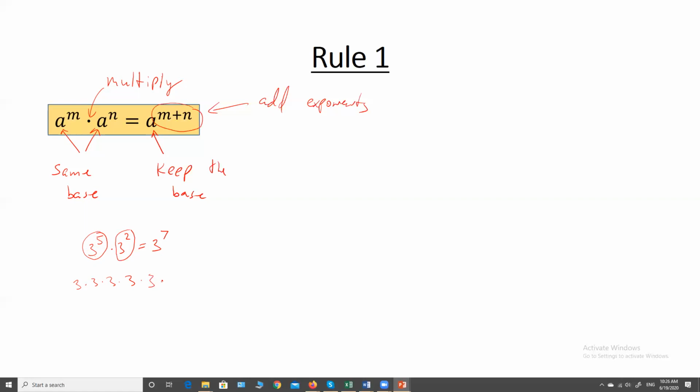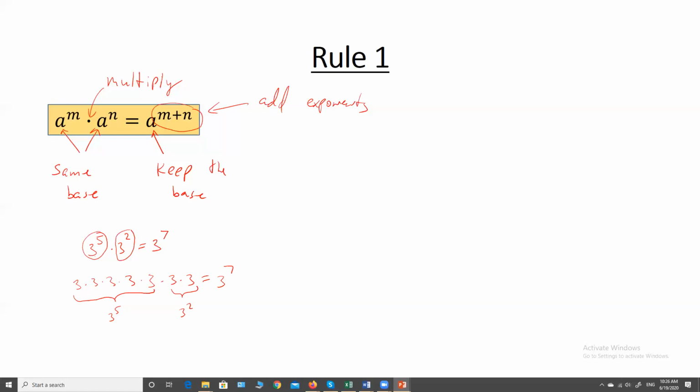And you multiply that by 3 to the 2nd, which is 2 more threes, right? This part right here was 3 to the 5th power. This part right here is 3 to the 2nd power. And when you multiply, well, of course, you have 5 and 2, 7 threes. So 3 to the 7th power. You add the 5 and the 2. This demonstration should hopefully give you an idea of why the rule works the way it does.